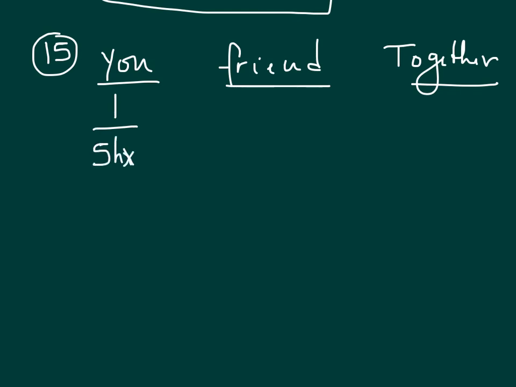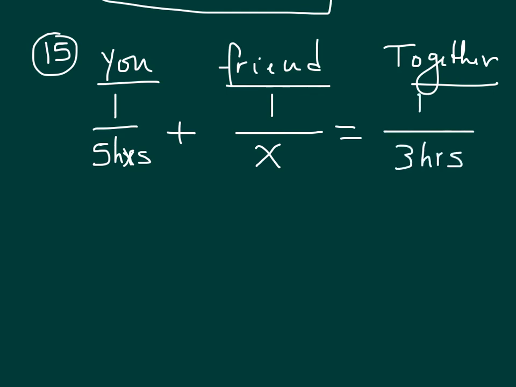Your friend, we don't know the time if he has to do the job by himself, so I'm going to put it as x hours. Together, meaning if you work together, it's going to be done in 3 hours. So this is how we're going to set up the problem. You have 1 over 5 plus 1 over x, with x being the time if your friend worked by himself or herself. And this is the time for both of you working together.